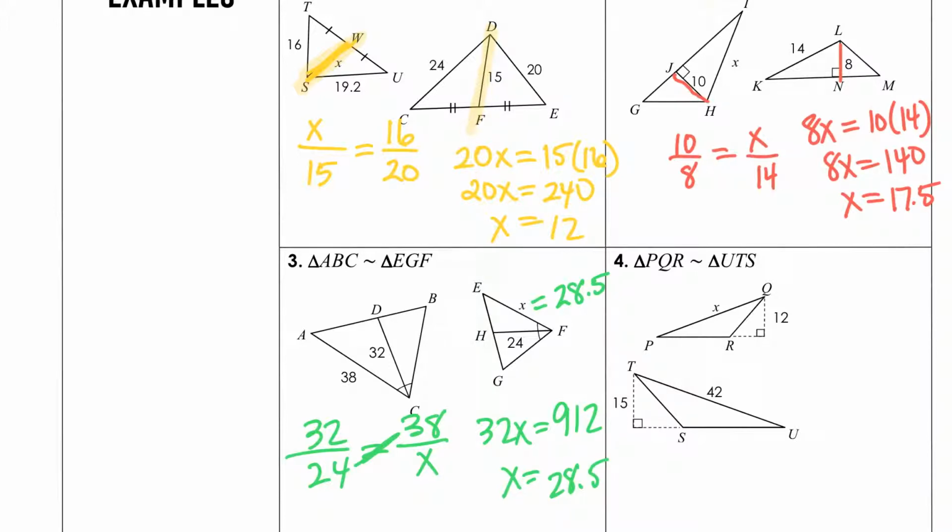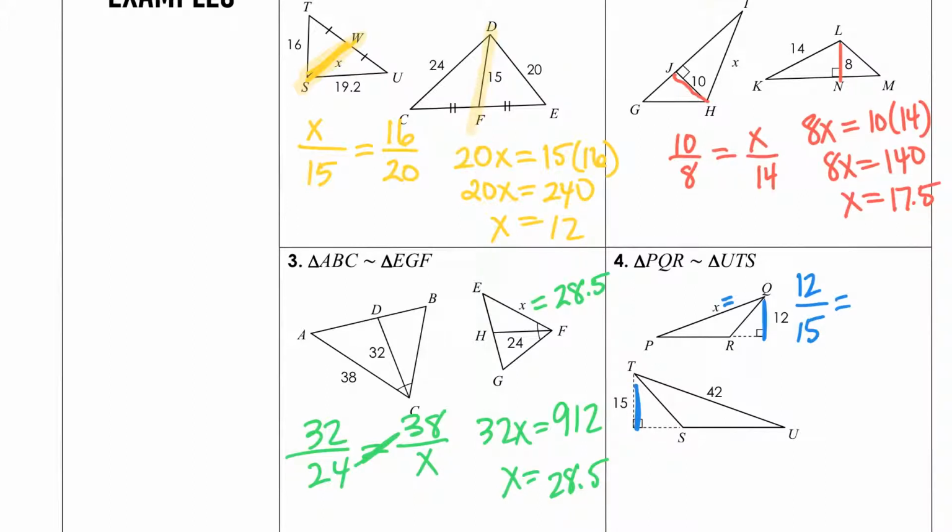And if you've not already done so, pause the video and check out number 4. So here is number 4. Number 4, x is equal to about 33.6. And we're going to see where we're coming up with that. So we have the altitude. Even though it's outside, it's still the altitude. Here, the altitude is 15.